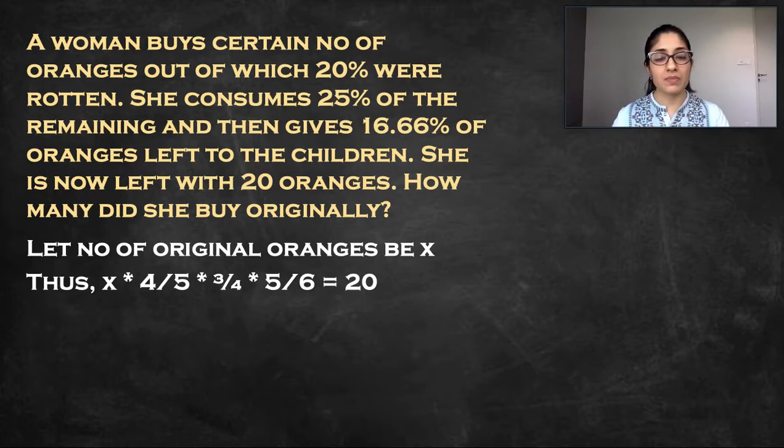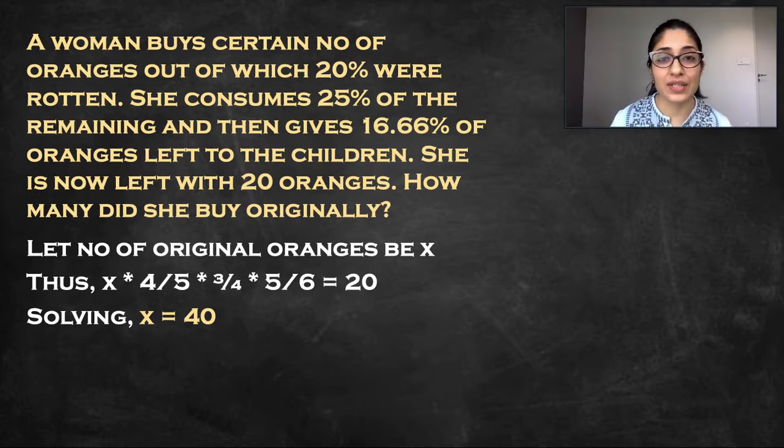That becomes my next multiplier. Then she gives 16.66%, which is 1/6, to the children, which means she is left with 5/6 of the remaining. Multiplying all these multipliers to X, I get my final result as 20. Solving this further, I get the value of X as 40.